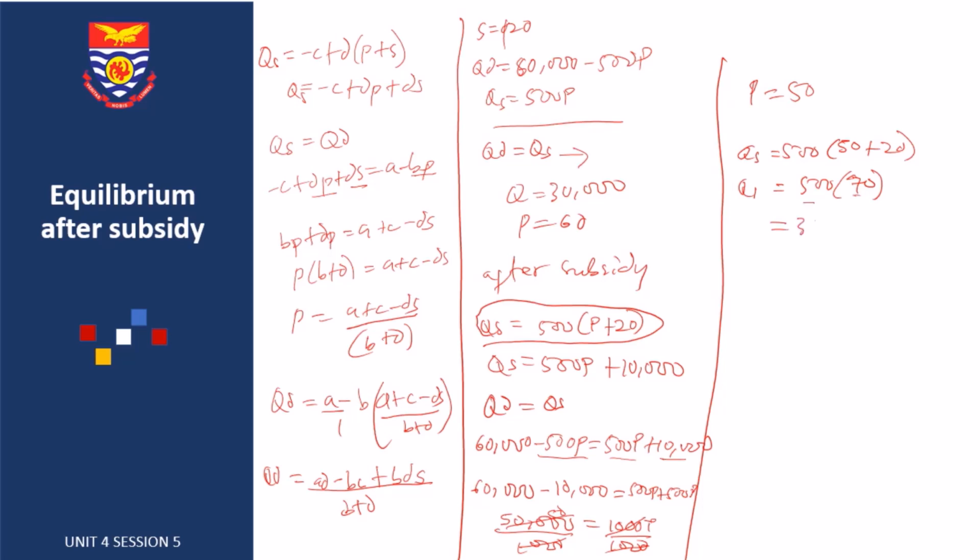Then I have 3 zeros, so 35,000 as my equilibrium quantity. So after subsidy, the equilibrium price reduces from 60 to 50, but the equilibrium quantity increases from 30,000 towards 35,000 units.